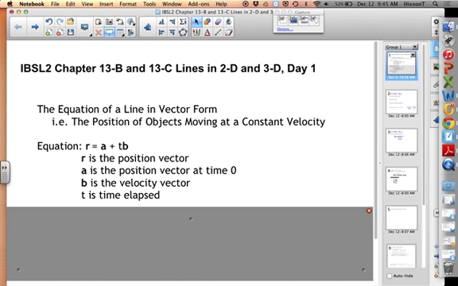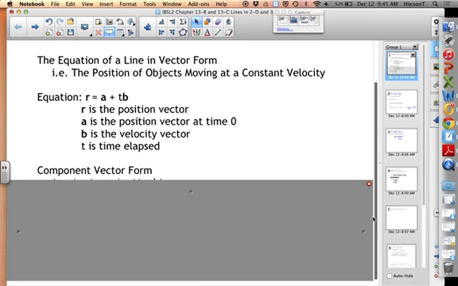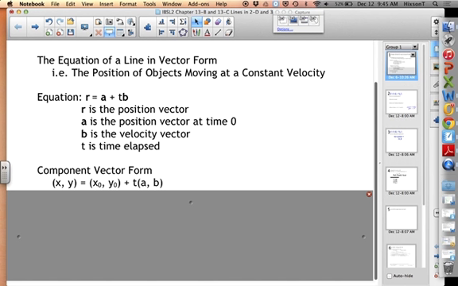Alright. Now, there's a couple of different ways to express this same equation. This is one, the vector equation. There's another one using component vectors. Okay, the component vector form, and that's just kind of my name for it. It doesn't really have a specific name, but here we have a position vector xy.